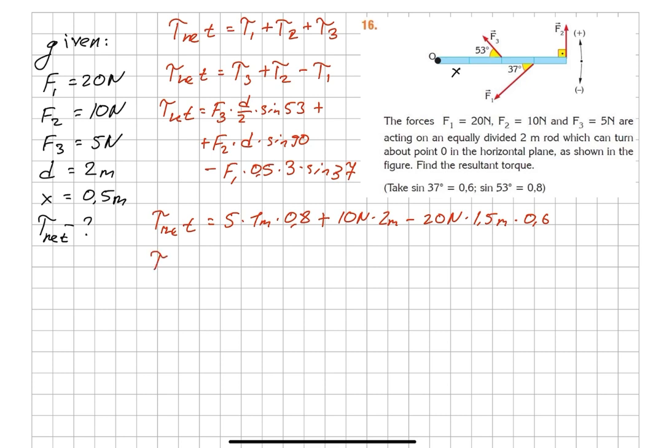So the net torque is going to be 4 newton meters plus 20 newton meters minus 30, that is 18 newton meters, so it will be equal to 6 newton meters, and it is positive, meaning the total torque is in a positive direction.